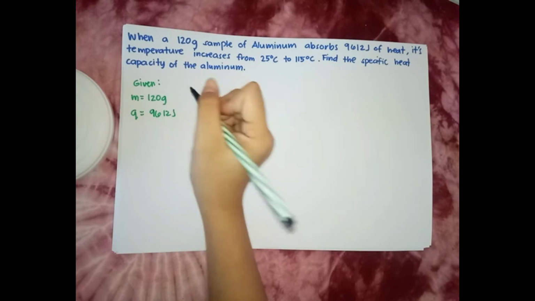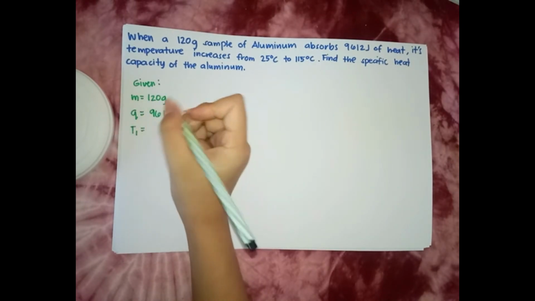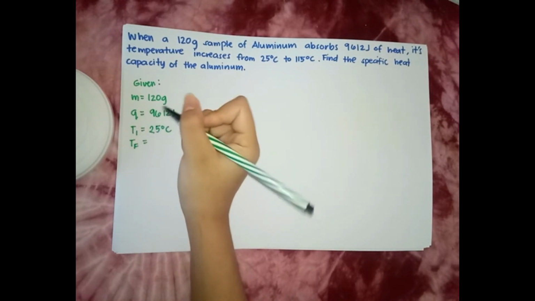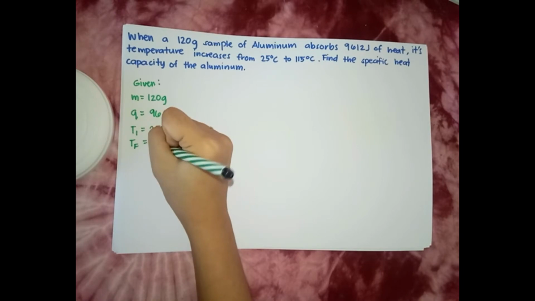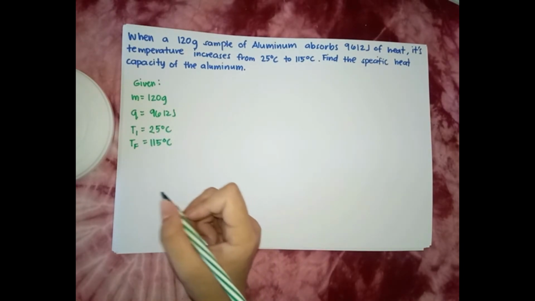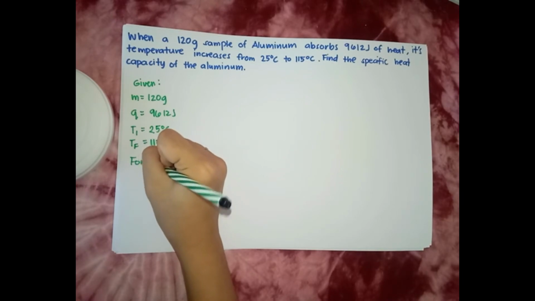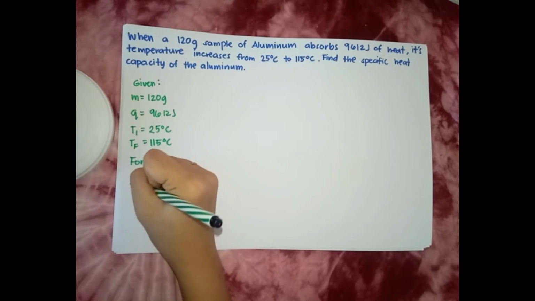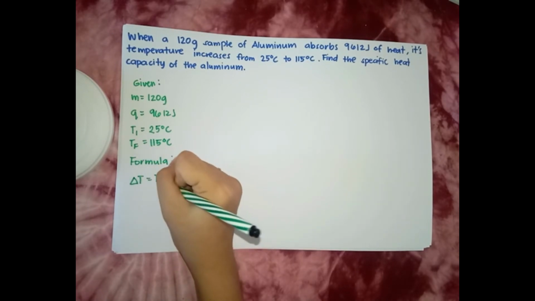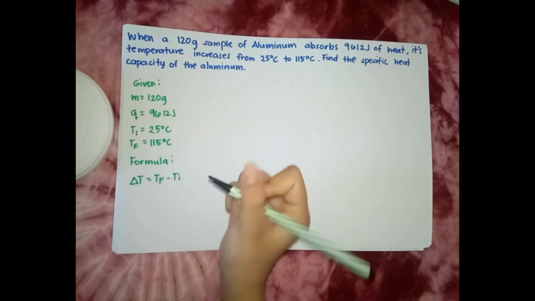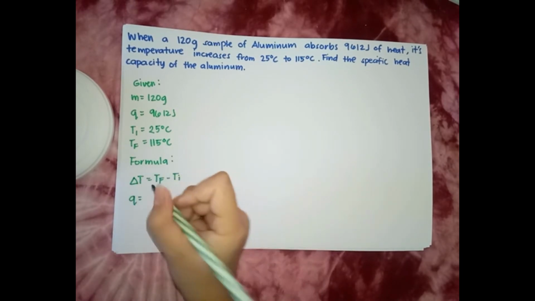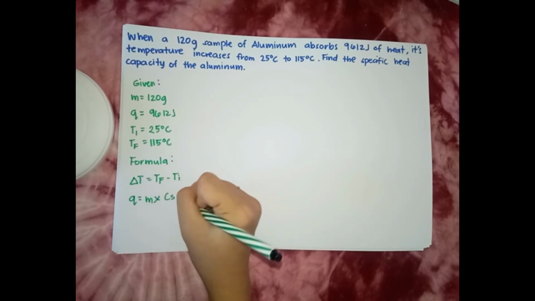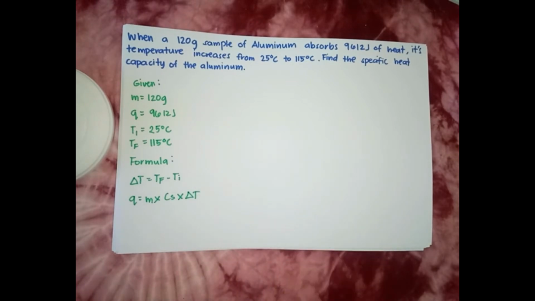And the initial temperature is 25 degrees Celsius. For our final temperature, we have 115 degrees Celsius. So our formula here is the same as earlier. We have delta T equals the final temperature minus initial temperature, and Q equals M times specific heat multiplied by temperature change.